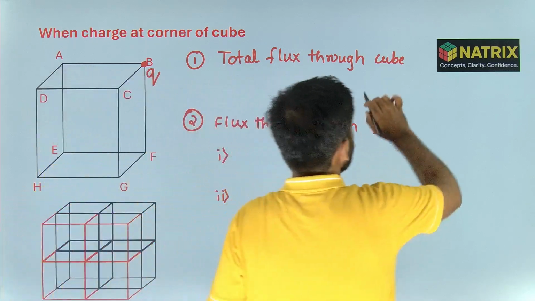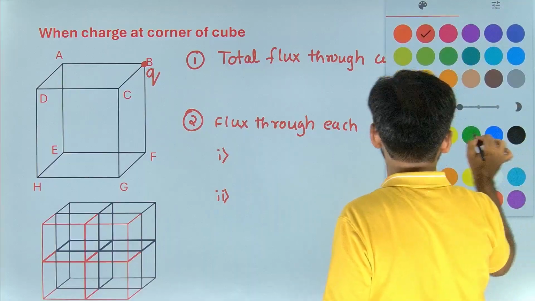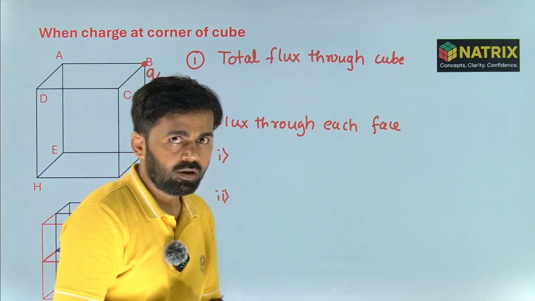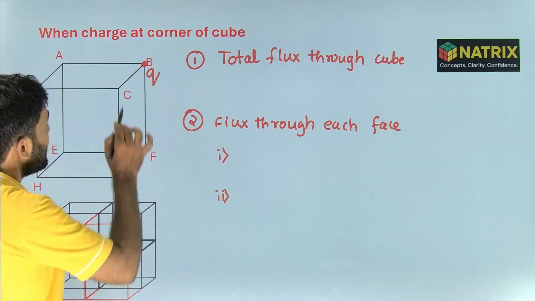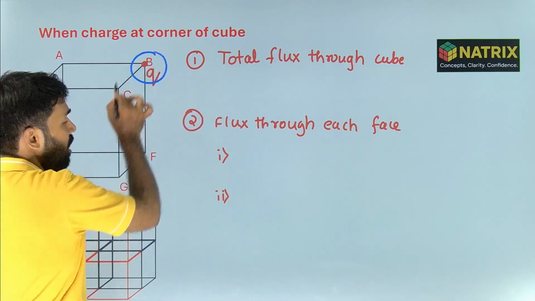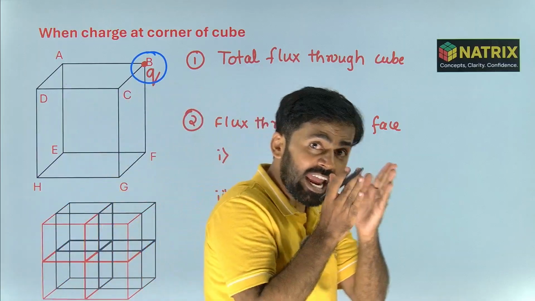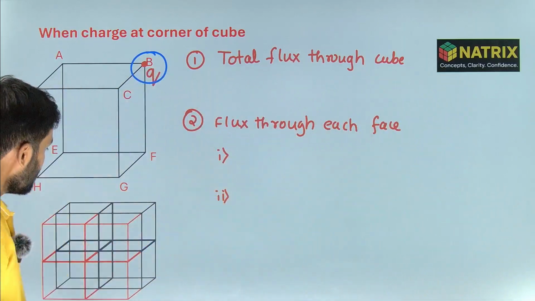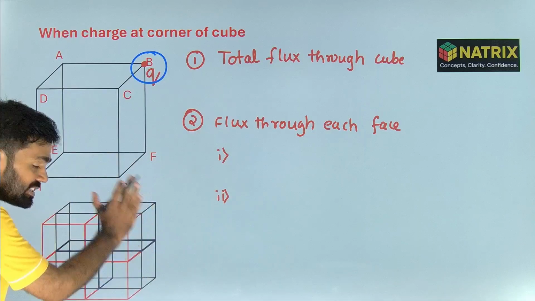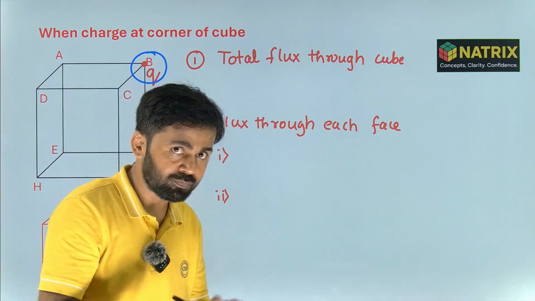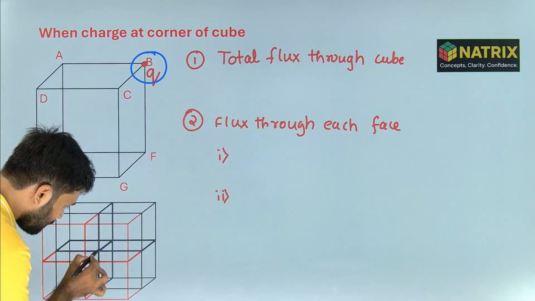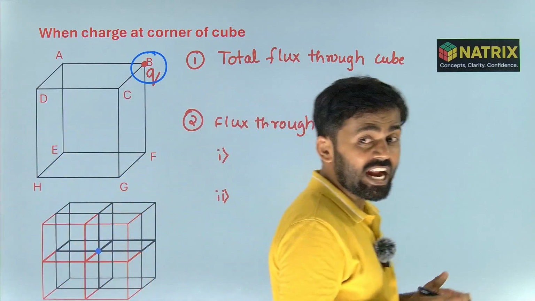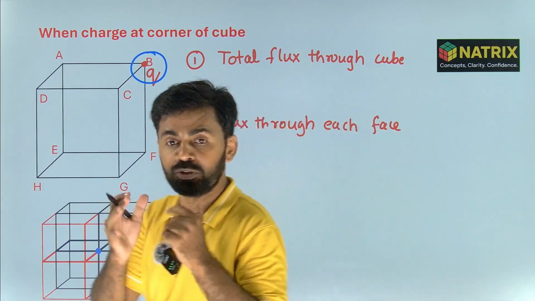First of all, let's find what is the total flux through the entire cube. For that we have to understand: one corner of a cube is shared by how many different cubes? If I am considering this system of cubes, look at this corner. This corner is shared by how many different cubes?